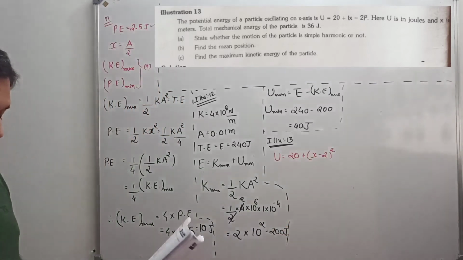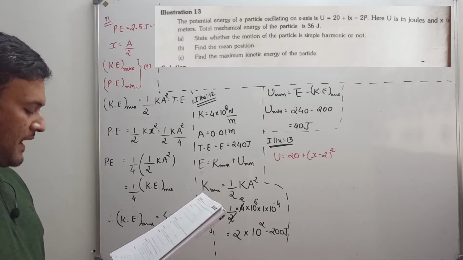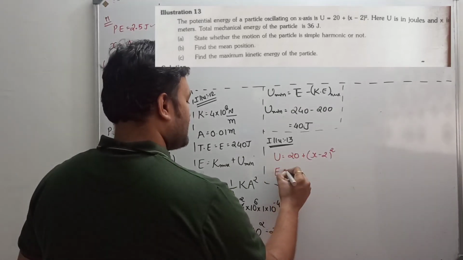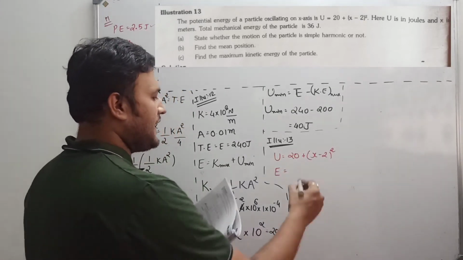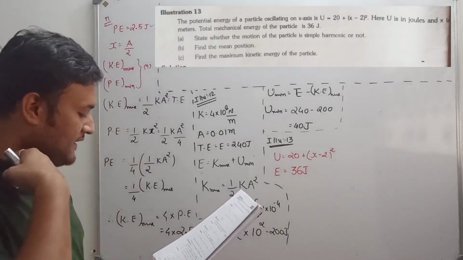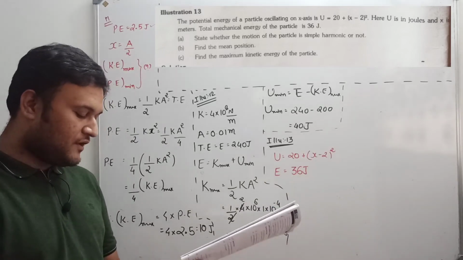Here U is in joule and x in meter. Total mechanical energy of the particle is, total mechanical energy means total energy, this is given as 36 joule. State whether the motion of the particle is simple harmonic or not.